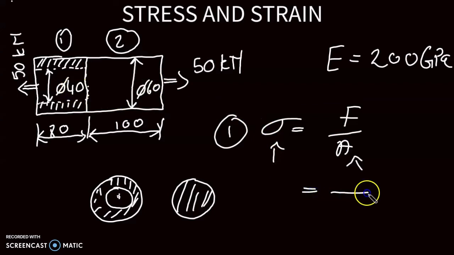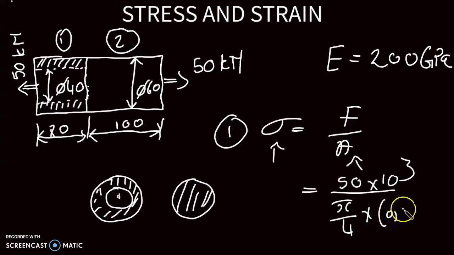Therefore, we're going to say the force, 50 times 10 to the power 3, divided by the area, which will be 0.06 squared minus 0.054 squared.